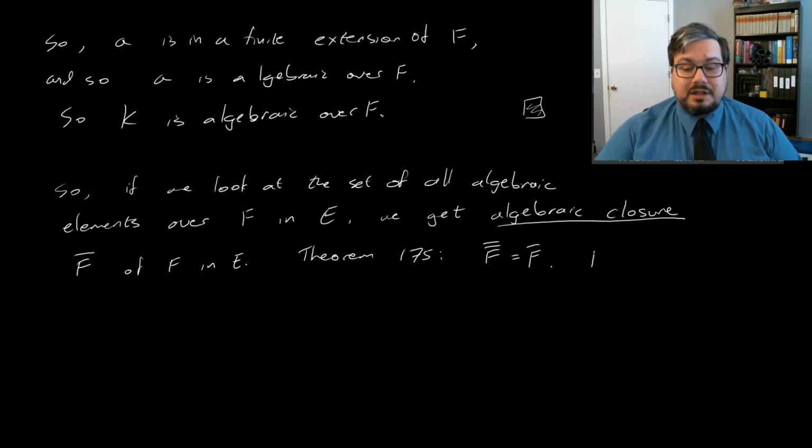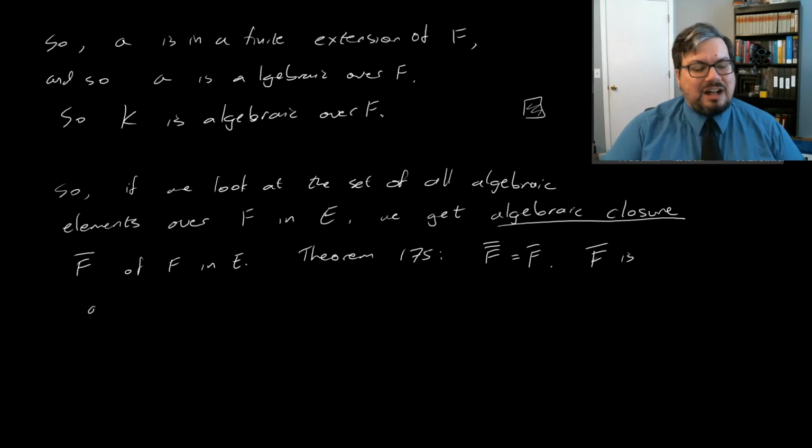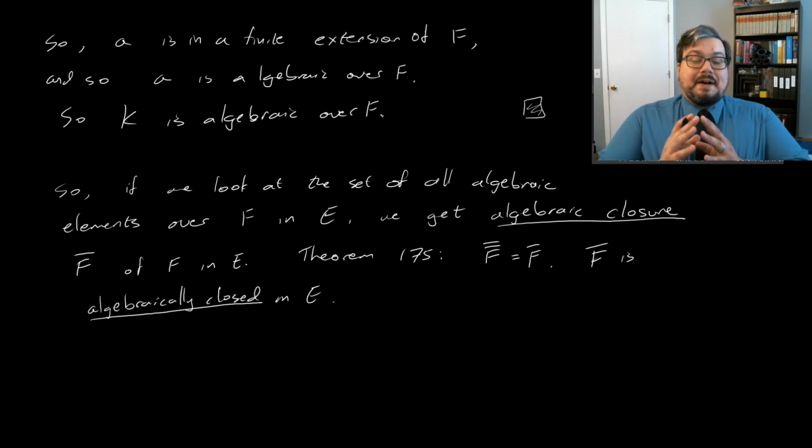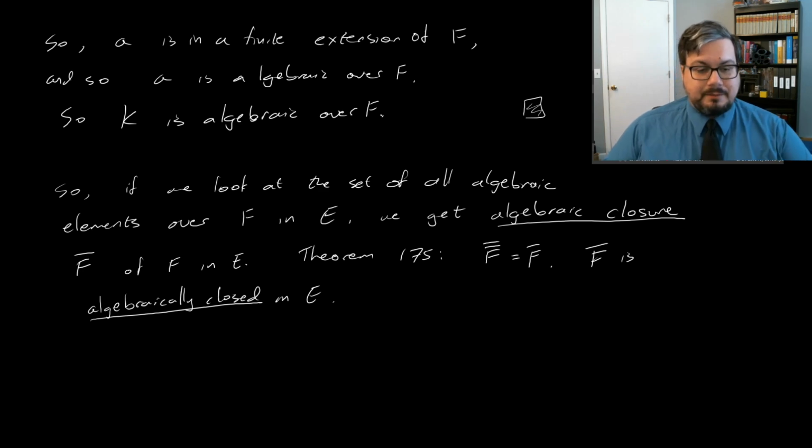In other words, F bar is algebraically closed in E. That's how we describe a field whose algebraic closure is equal to itself, where there are no algebraic elements in the extension field that you're considering. Now, some fields have the special property that if you consider any extension field of them, they're always algebraically closed.